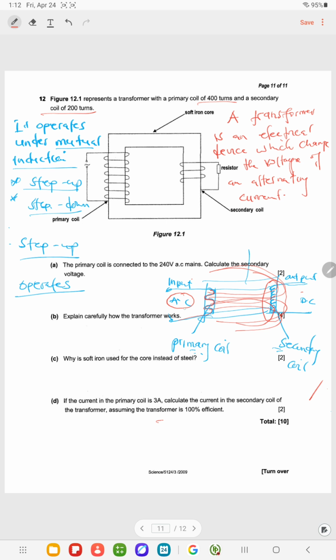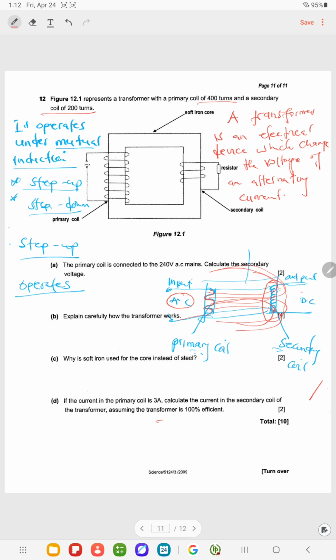So alternating current passing through the primary coil will produce an alternating magnetic field. Then the alternating magnetic field is going to induce what you call an alternating voltage.